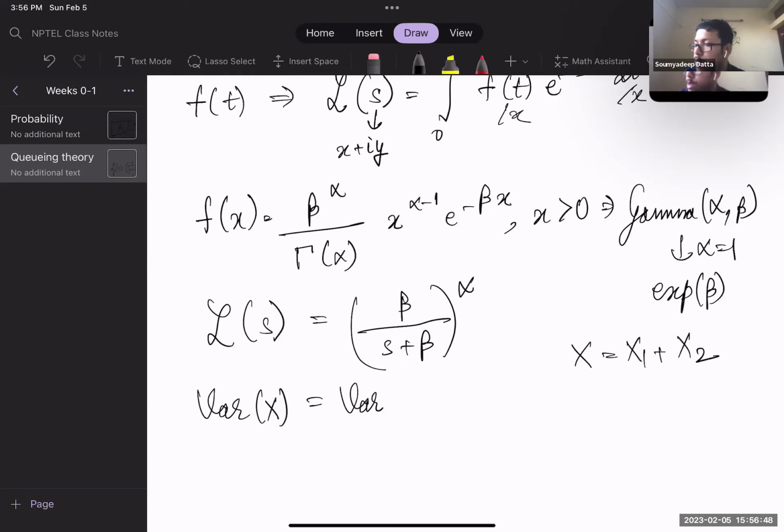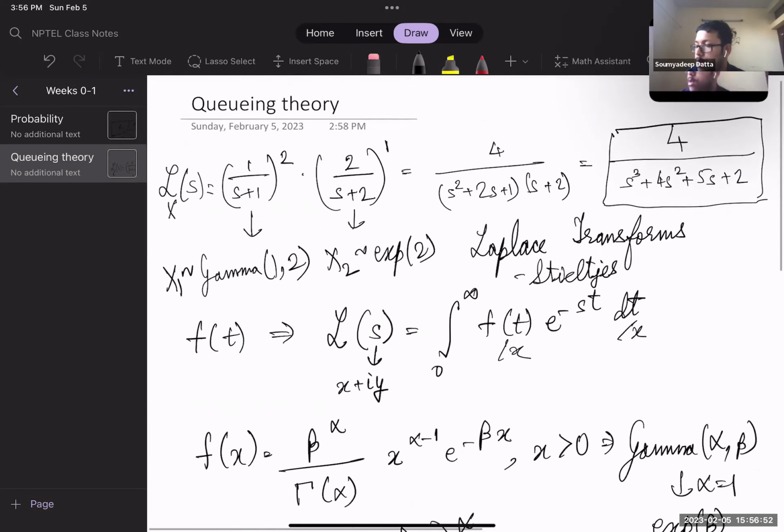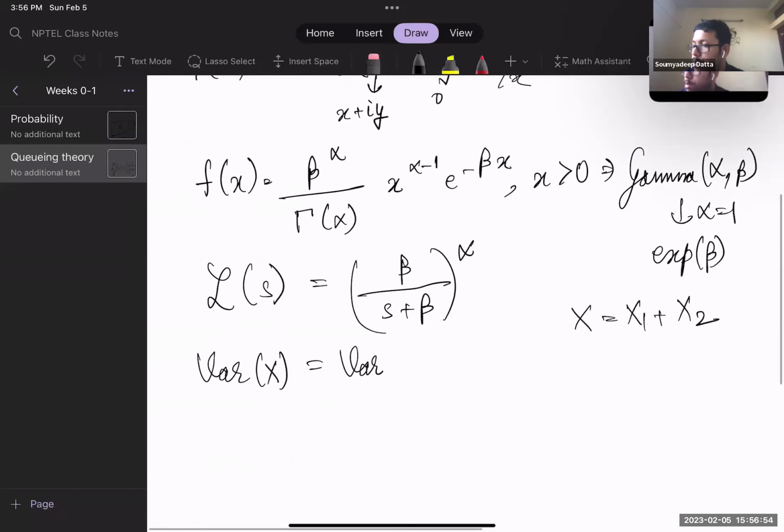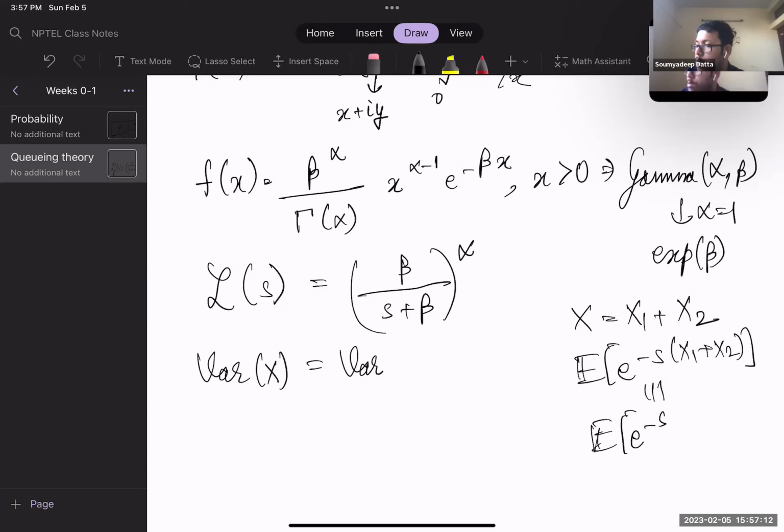That is why, when you have a sum of random variables, your Laplace transform becomes a product, because you take the expectation of e to the power minus s times x1 plus x2. That gives you the expectation of e to the power minus s x1 times e to the power minus s x2.